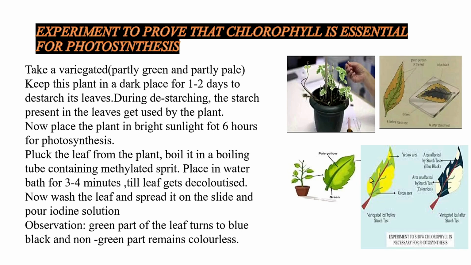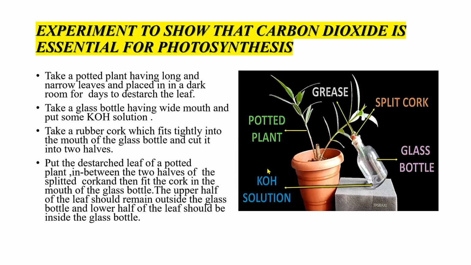Wherever the dark green part is, it contains chloroplast having chlorophyll pigments and turns blue-black in the starch test. So this proves that chlorophyll is very, very essential for photosynthesis.